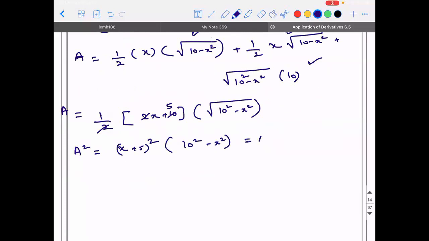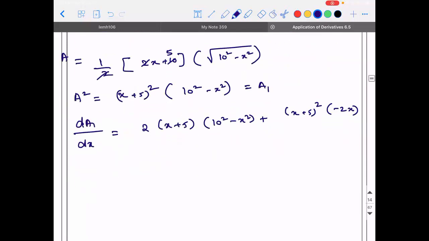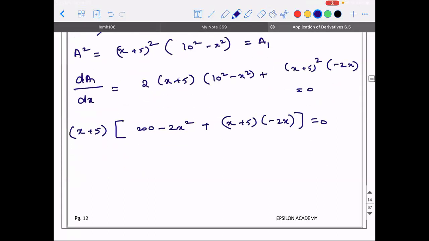Okay, let me call this as A1. Derivative of A1 with respect to x is how much? 2 into (x plus 5) into (10 square minus x square) plus (x plus 5) the whole square into minus 2x. So if I equate this to 0, what will I get? (x plus 5), if I take it out, then I'll have (200 minus 2x square) plus (x plus 5) into minus 2x is equal to 0.